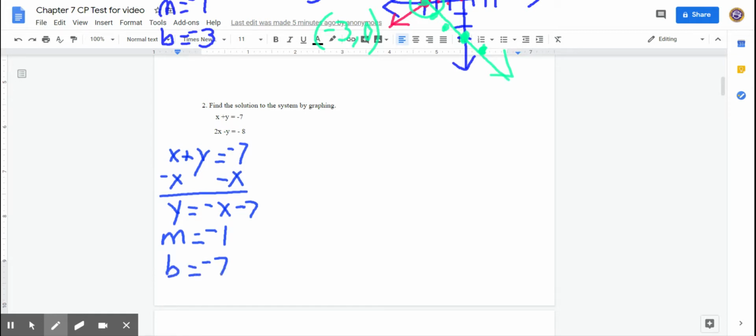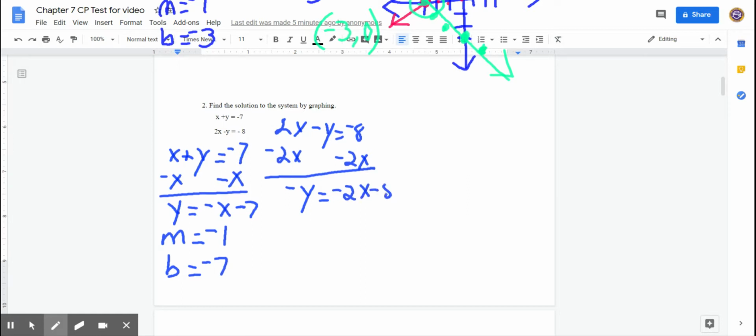Now you have to do the same thing for that second equation. 2x minus y equals -8. So subtract 2x from both sides. The important thing to remember here is that there is that negative sign in front of the y, right here. So that has to come down.